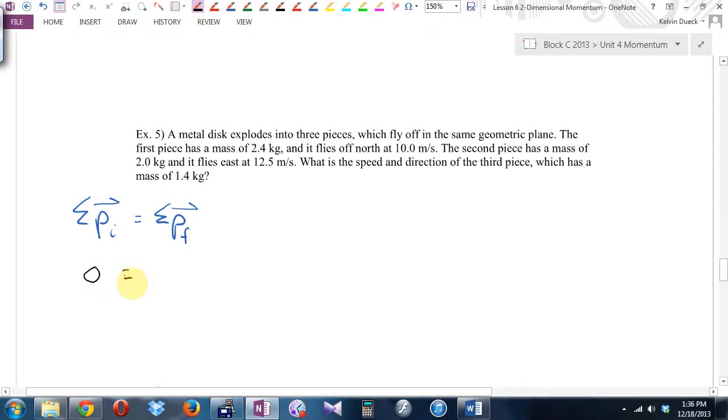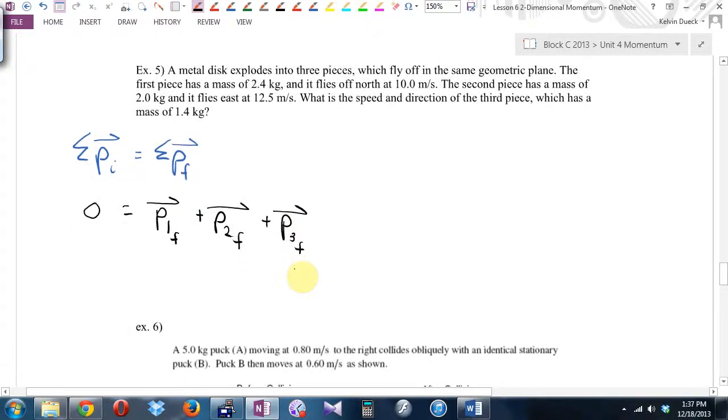After the explosion, what's moving? Mass 1, mass 2, or mass 3? All of them. Stuck together or separate? And we said from now on, pause.